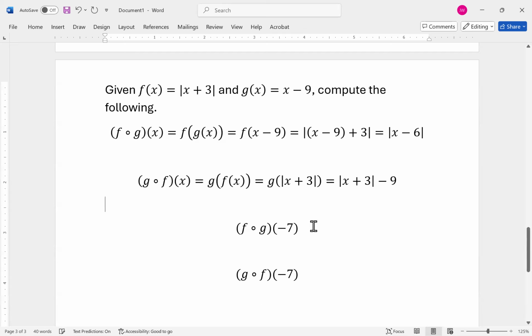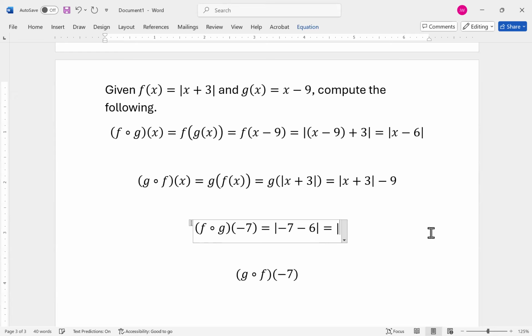Hopefully everybody knows what absolute value does. If you put in absolute value of a negative number, you get back the positive of that number. If you input a positive number, you get out the positive number itself. So if we plugged in a -7 into f of g, that would be the absolute value of -7 minus 6, which I have to compute what's inside first.